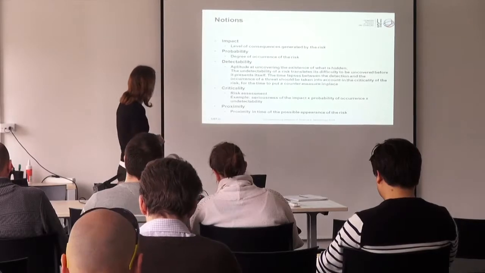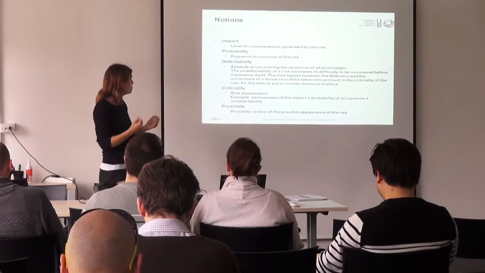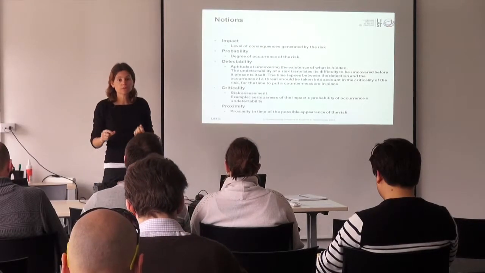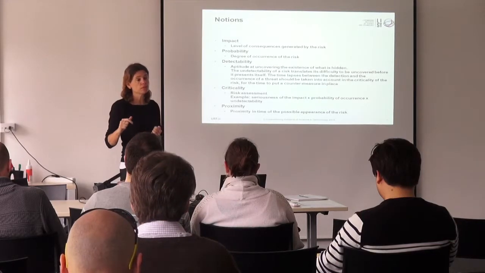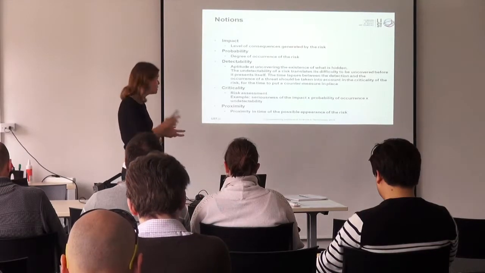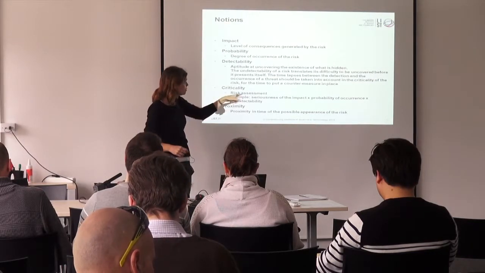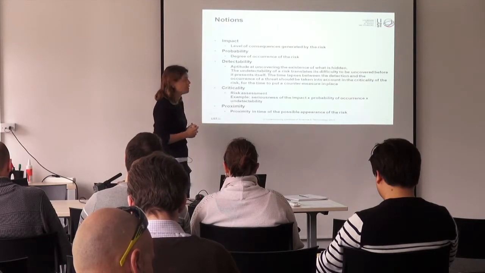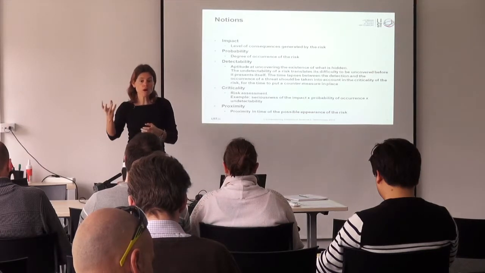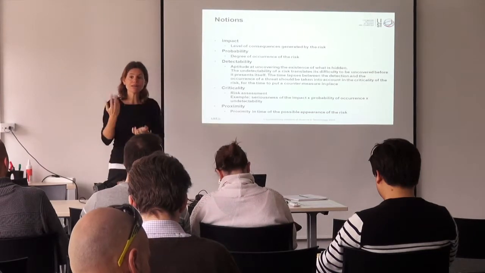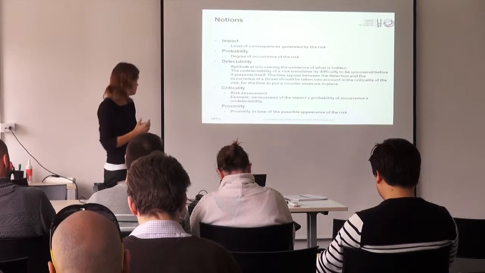So detectability is one notion, and then you can try to estimate the criticability of a risk by mixing the impact, probability and detectability. So multiplying them together to have one summarized assessment of a risk.